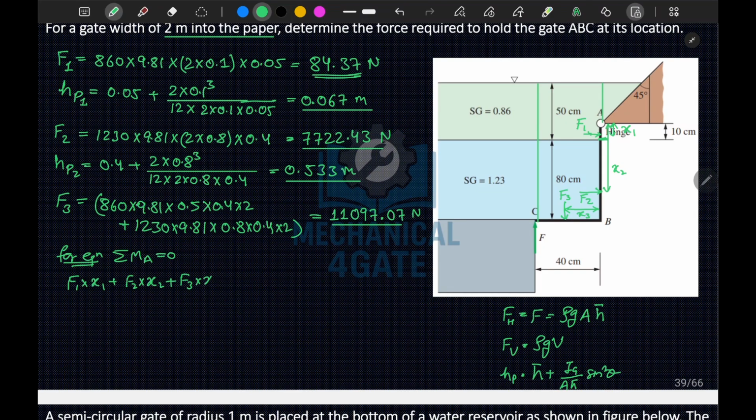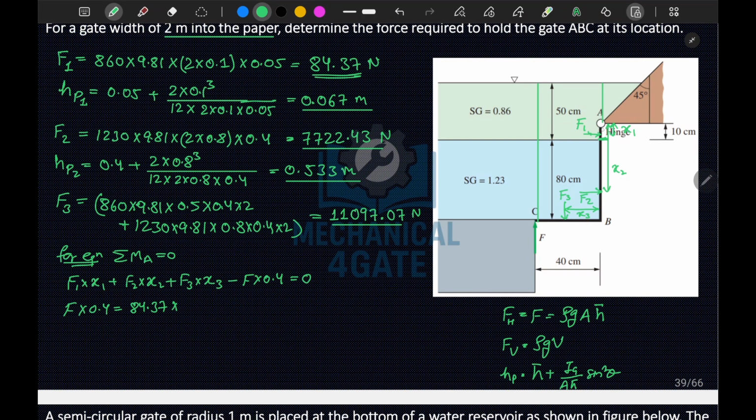All three forces will produce counterclockwise movement about A, and this force F will produce clockwise movement, that is F into 0.4 will produce clockwise movement, so this should be equal to 0. So I can find F into 0.4 is equal to F1, which is 84.37, into x1.